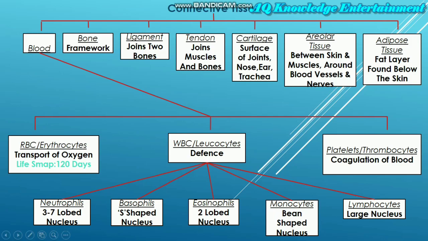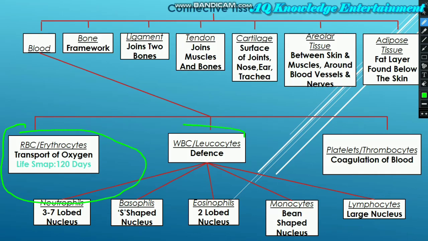Now this blood is made up of 3 components: the red blood cells, the WBC, that's the white blood cells, and the platelets.